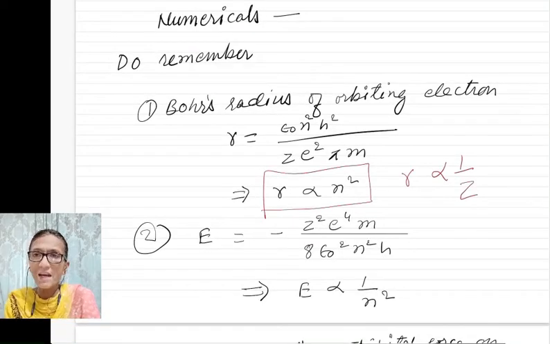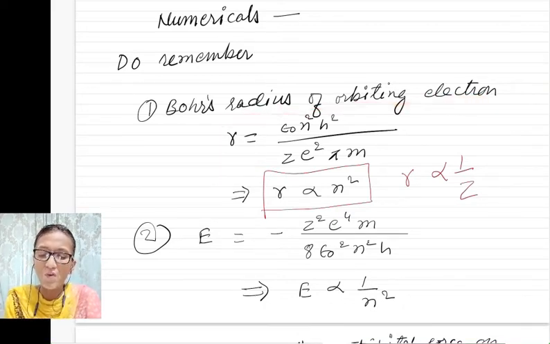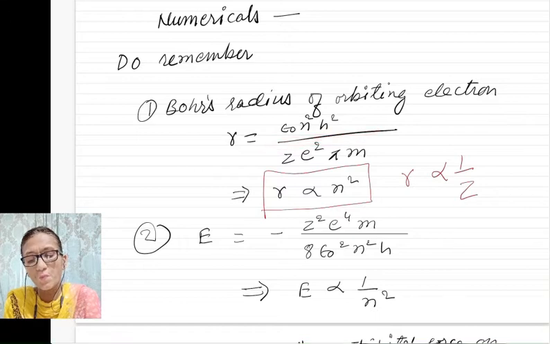For doing numericals related to Bohr's atomic model, we need to remember some formulas, like the formula for the radius of the circular orbit of an electron, and it is R is equal to epsilon naught n square h square divided by pi m Z e square.